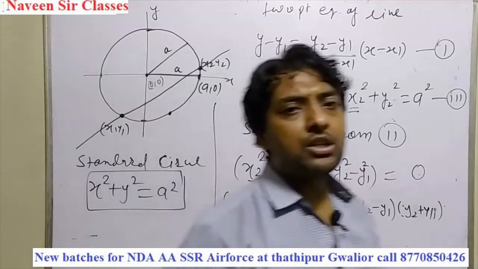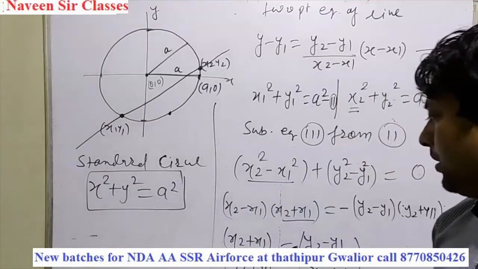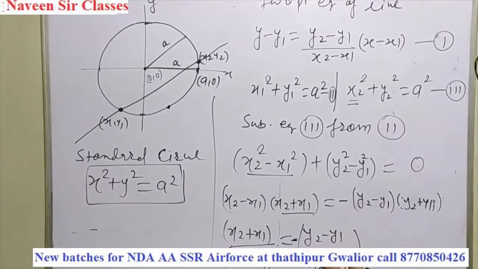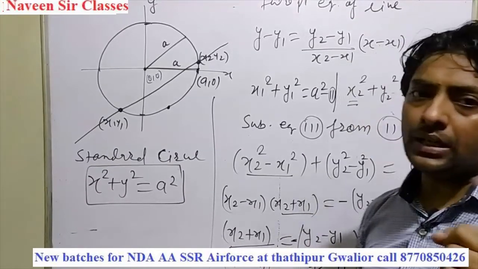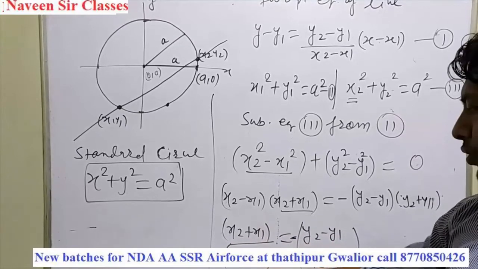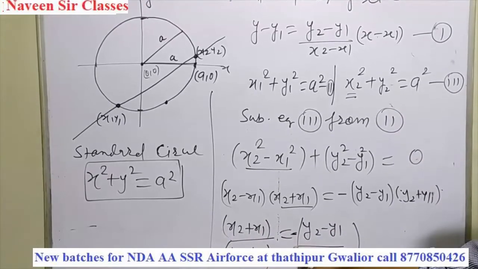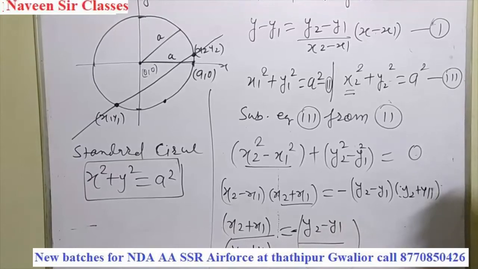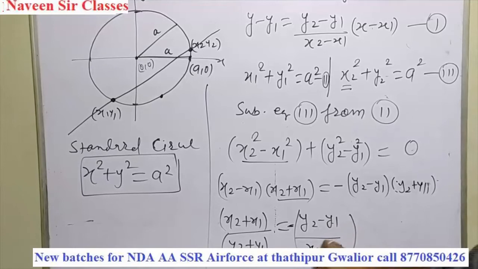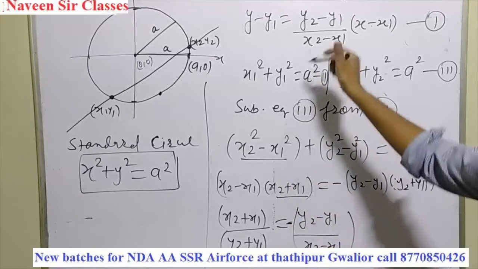So from equation 2 and 3 we are getting a relation, and the relation is x2 plus x1 upon y2 plus y1 equal to minus y2 minus y1 upon x2 minus x1. So we can put this y2 minus y1 upon x2 minus x1 minus here.